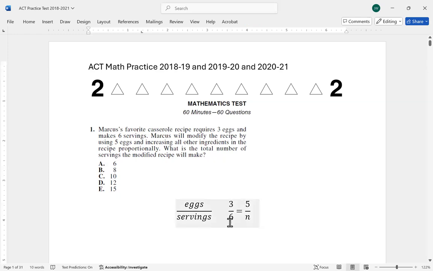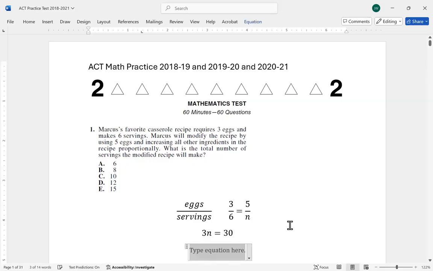Notice that 3 over 6 is 1/2. So one quick way to do this is just to realize that 5 over 10 is also a half. So N is going to be 10. Another way we can do this is through cross multiplication. 3 times N is equal to 5 times 6, that's 30.